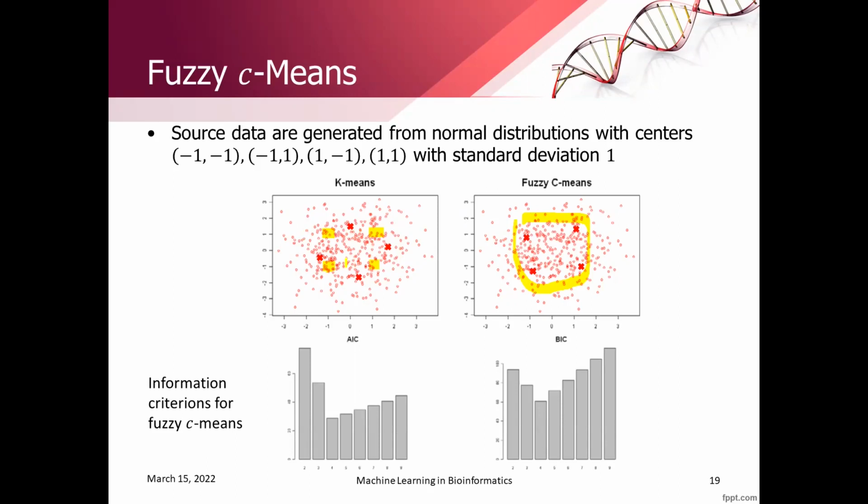And if we compute the Akaike and Bayesian information criteria for fuzzy c-means, we can similarly find the best value for k, and this is 4, and here is also 4. So 4 is the best number of clusters, also for such data where my human eyes don't see any clusters.